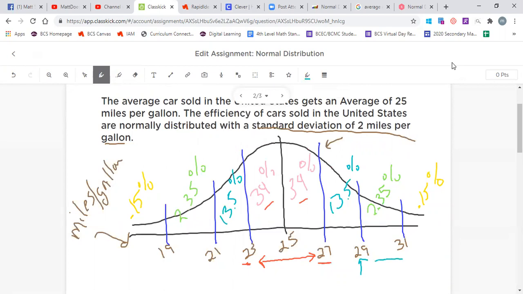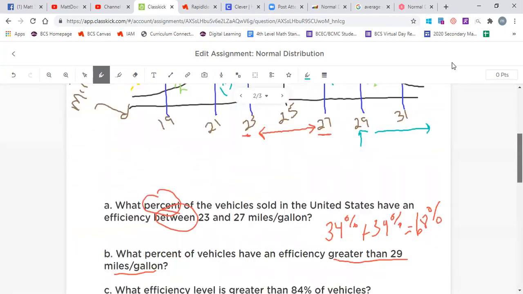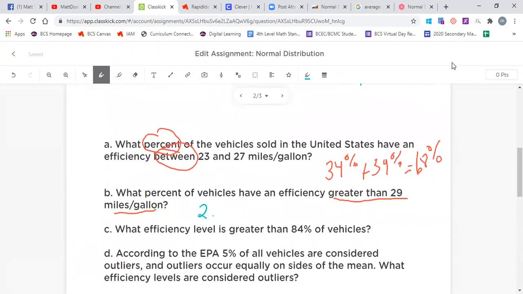Well, that is this way, 29 and 31. So we're going to take those two percentages, which are 2.35 and 0.15, and add those together. 2.35% plus 0.15%, bringing us to 2.5%.